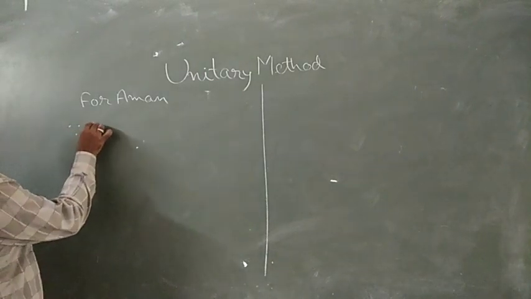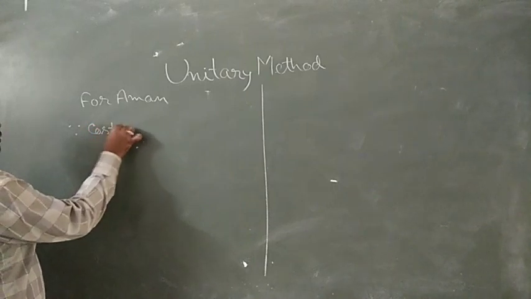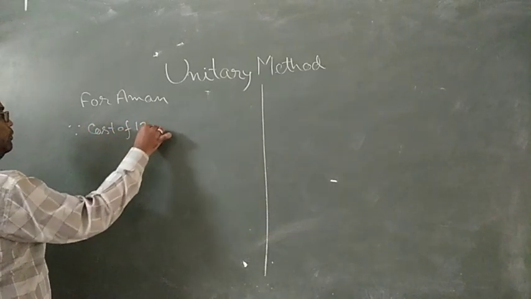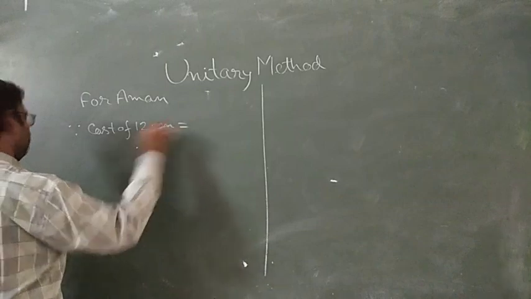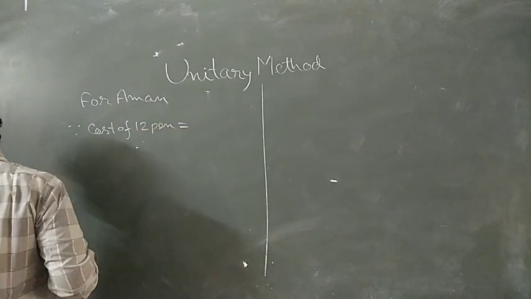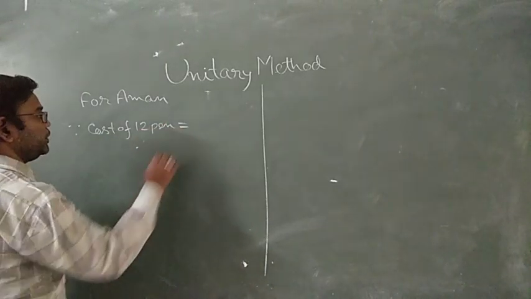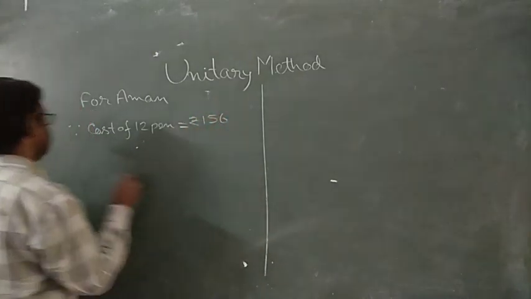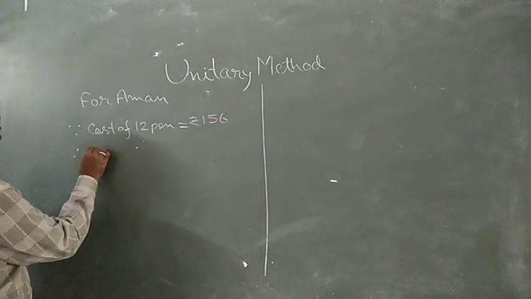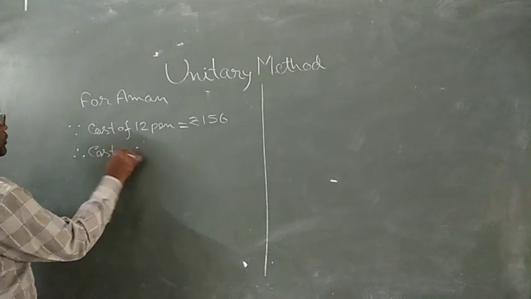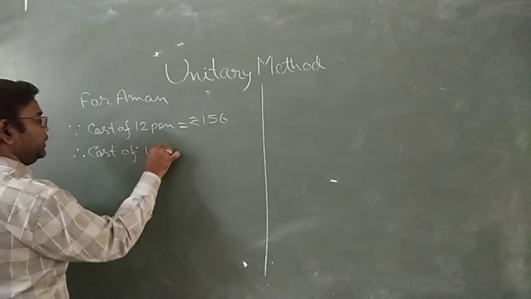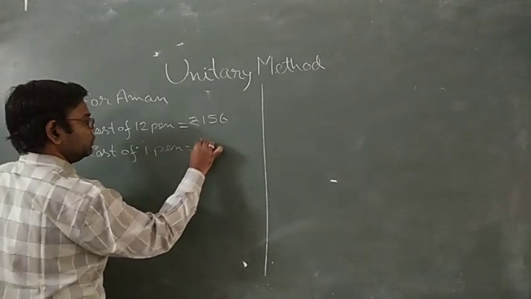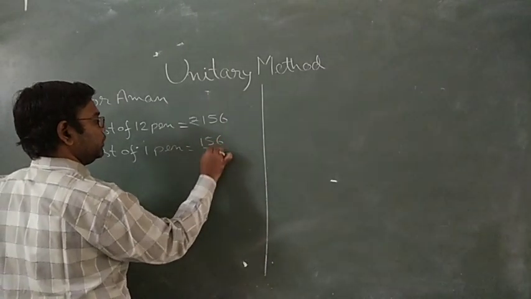since cost of 12 pens equals to rupees 156. Clear? Therefore, cost of 1 pen, we do the division, 156 upon 12.